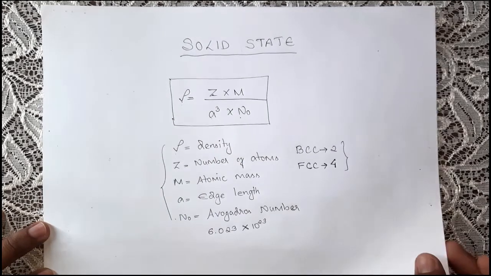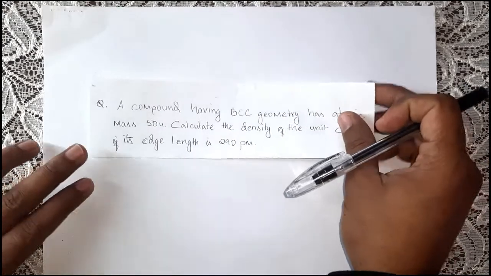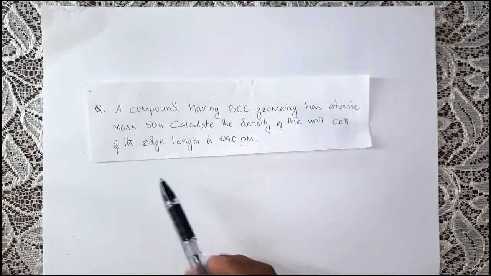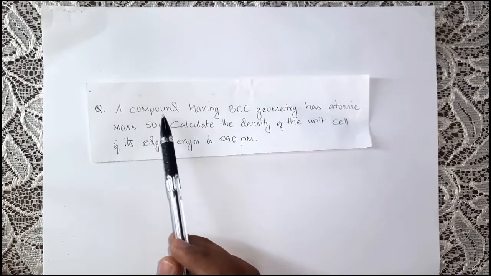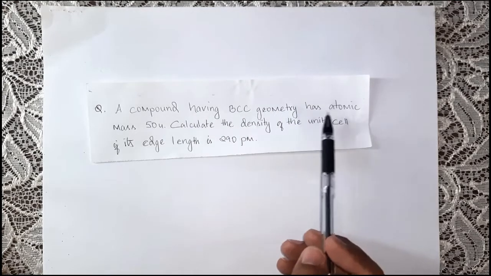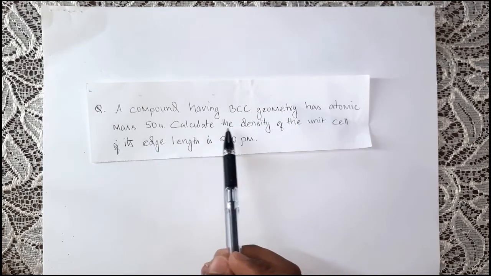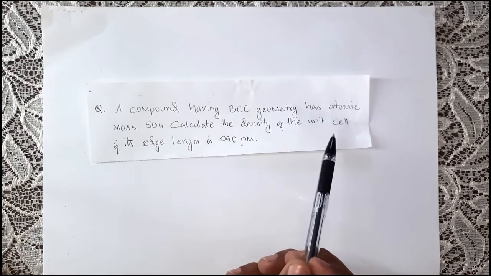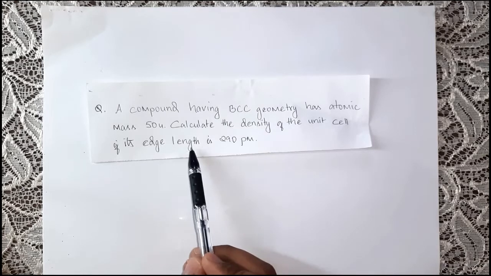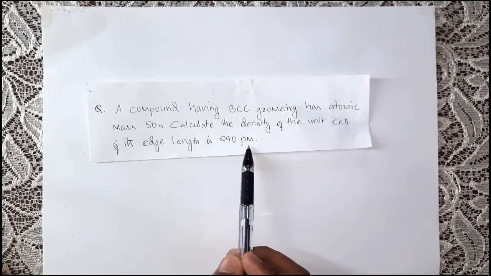So let's start our first problem. Here is the question. A compound having BCC geometry has atomic mass 50 u. Calculate the density of the unit cell if its edge length is 290 picometer.